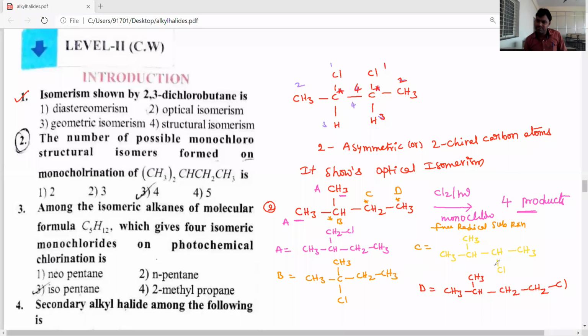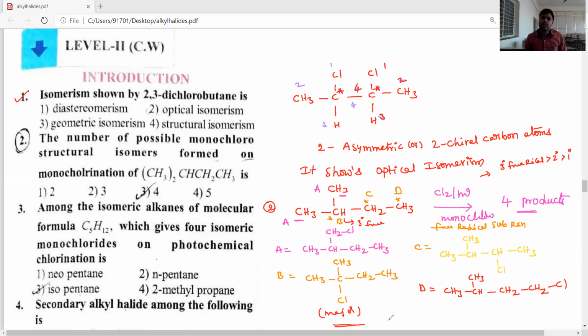Among them, which is the major product? In free radical substitution, a tertiary free radical is more stable than secondary and then primary. B can produce a tertiary free radical, so the B product is the major product, the tertiary alkyl chloride.